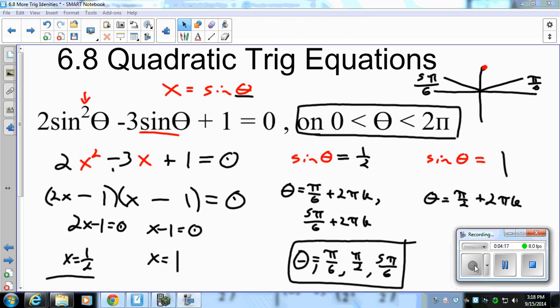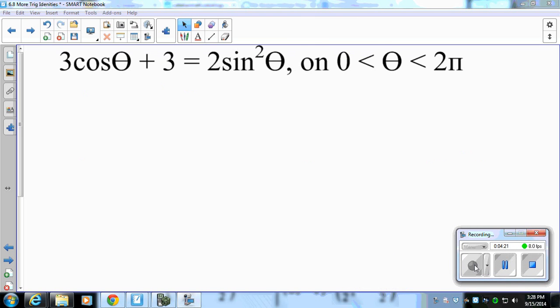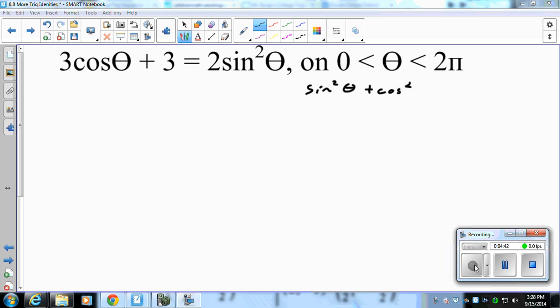So let's go on and try another one. For our second example here, notice that we have cosines and sines. So somehow we've got to be able to substitute in for one value of x. Well, remember our Pythagorean trig identities: sine squared theta plus cosine squared theta is equal to 1.